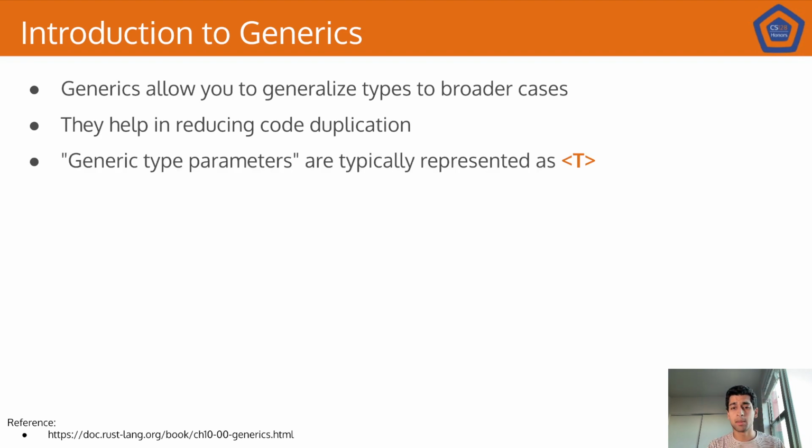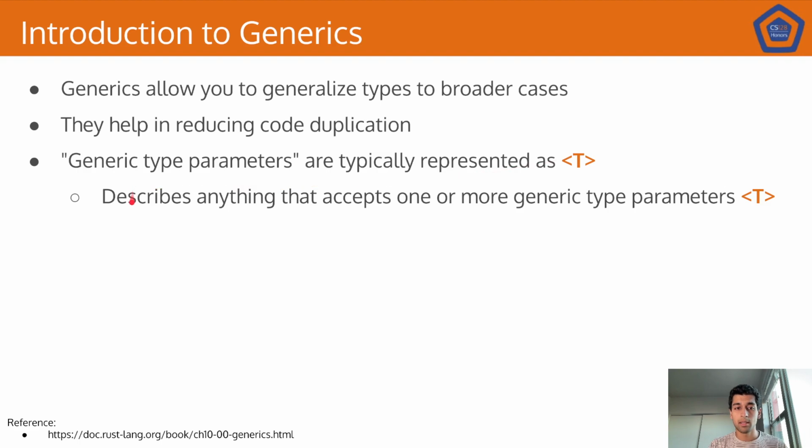You've seen this before. They're usually represented with this little bracket notation, angle brackets, and some type T within it. This notation describes one or more generic type parameters. So if you see a single T or a single type within brackets, that just means that your container takes a single type.